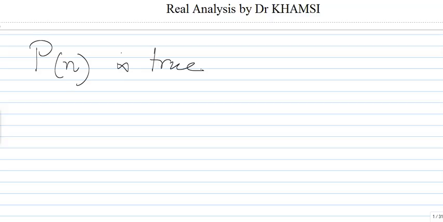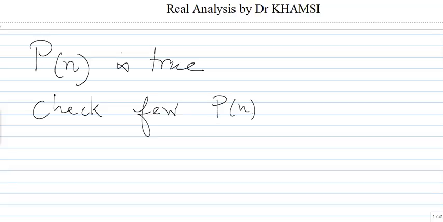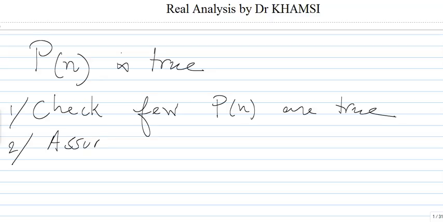what we are going to do is first check a few Pn's are true, and then instead of having Pn true implies Pn plus 1 is true, what we are going to do is assume that P of 1, for example, if we start at 1, otherwise if you start at 75, you assume that P75 is true.